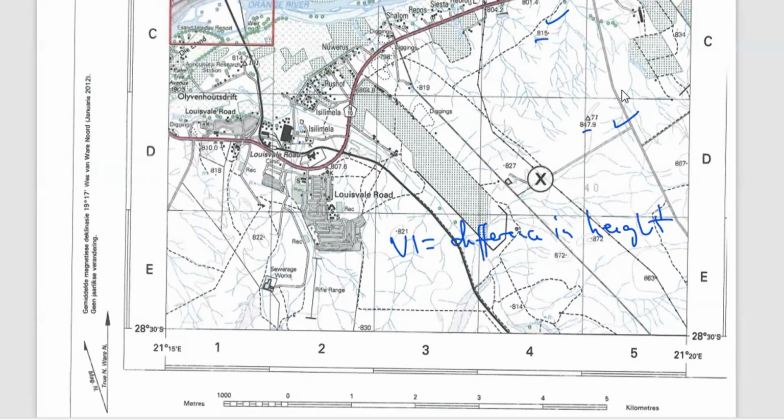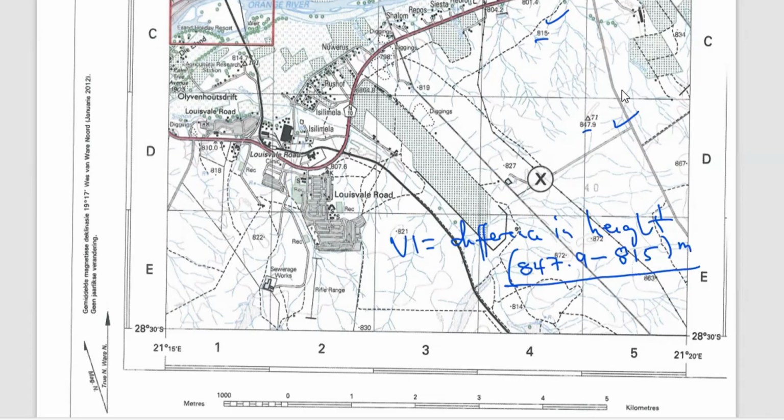Which one is smaller and which one is bigger? The trig station is higher than the spot height. So you are saying 847.9 minus 815. This is already in meters. Over your horizontal equivalence, the height measurement is 24.5 meters.